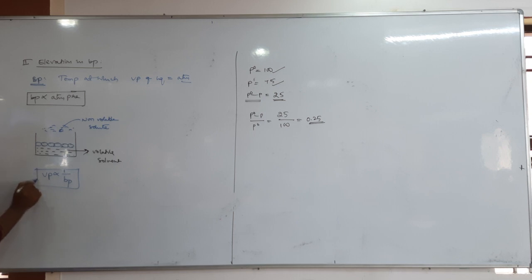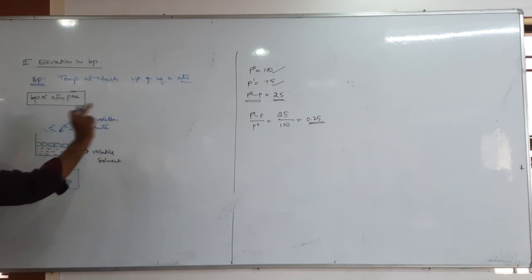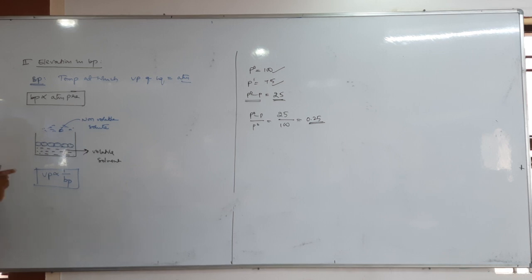Do you understand? When a non-volatile solute is added to a pure volatile solvent, vapor pressure decreases. As a result, what happened? The solution should be heated to a higher temperature to make its vapor pressure equal to atmospheric pressure. That's why vapor pressure is inversely proportional to boiling point.